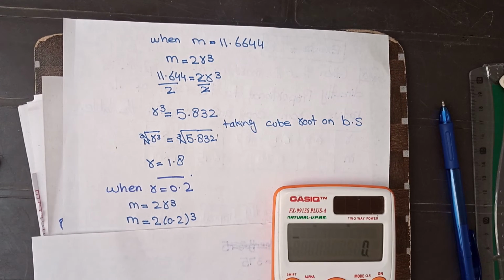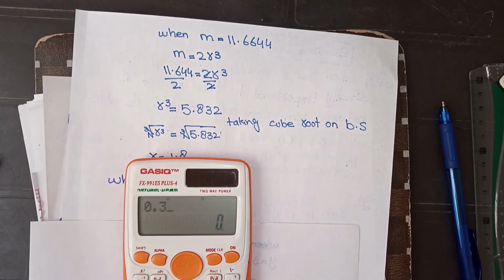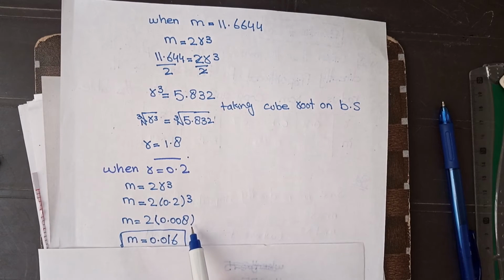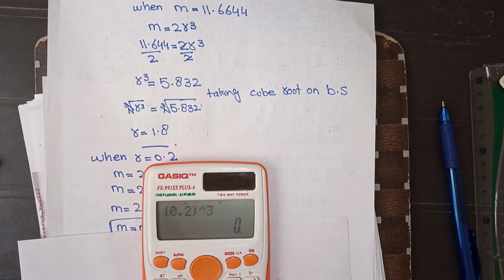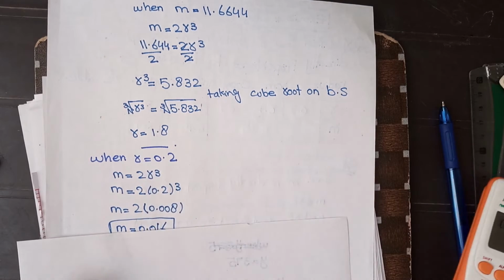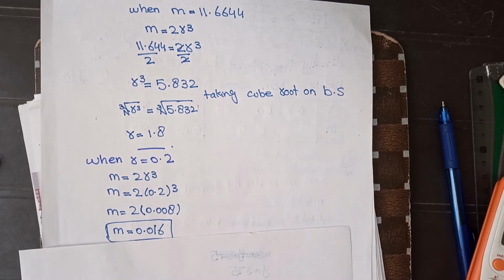When r is equal to 0.2, putting the value of r in that equation, 0.2 cube is equal to 0.008. Multiply by 2, it will be m is equal to 0.016. When we take 0.2 cube, it will be 8 multiplied by 10 raised to power minus 3, which means 0.008. When we multiply by 2, m is equal to 0.016.